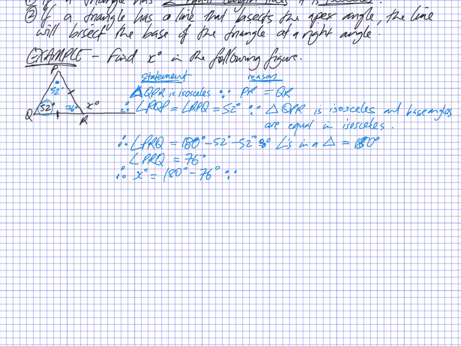Because angles in a straight line add up to 180 degrees. So X is going to be 180 take 76, which is going to be 104 degrees. Okay, so that's an example of using isosceles triangle properties and also general triangle properties to use some geometric reasoning to work out an unknown.